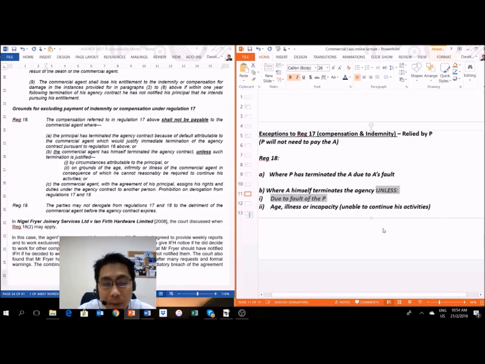Now, if that were to be the case, then the agent would still be entitled to compensation. Regulation 18 would now not apply, because this is an exception to Regulation 18, right?